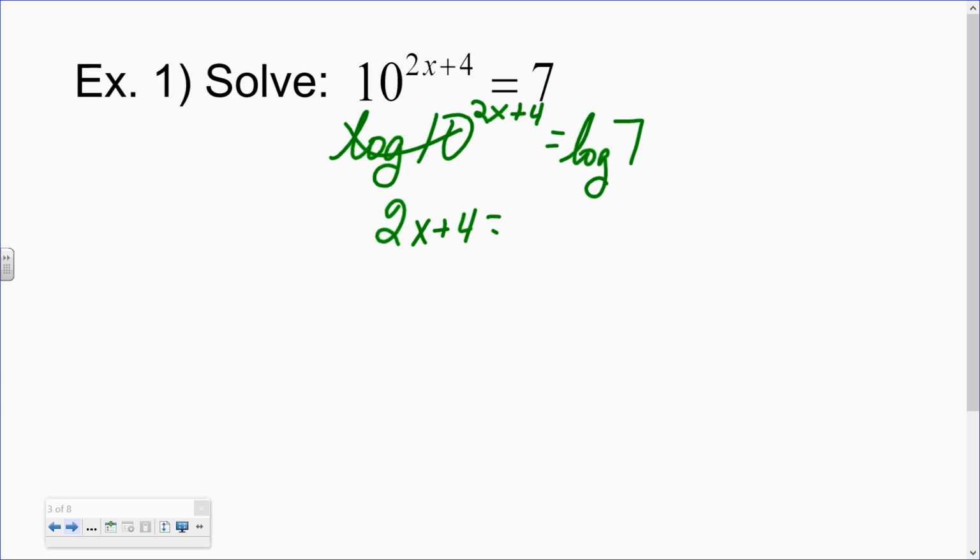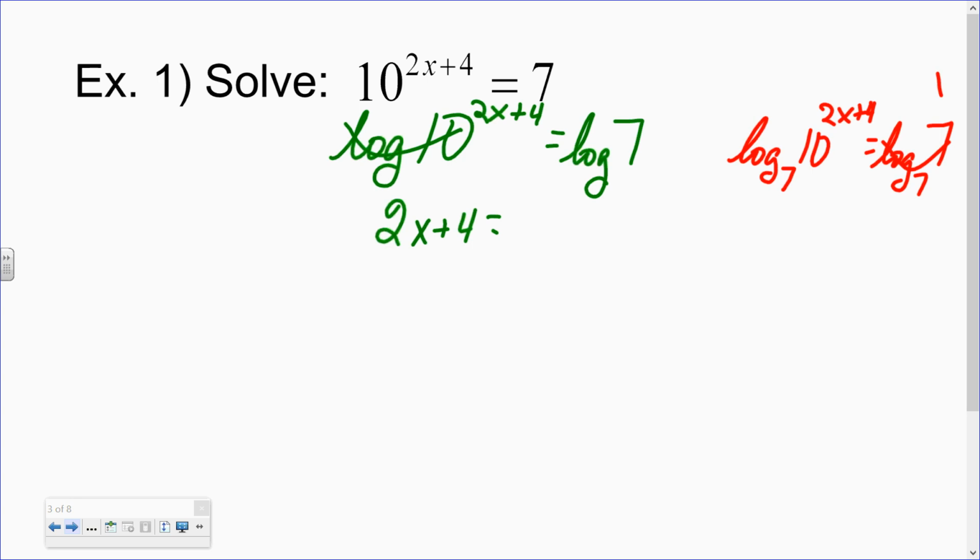Other ideas? Anybody thinking we might have done it a different way with a different base? Because the answer is we could use any base, and it's correct as long as we take the same base on both sides. So we might have said we want to do log base 7 of 10 to the 2x plus 4 equals log base 7 of 7, so that it would have canceled out on this side and we'd have just 1.